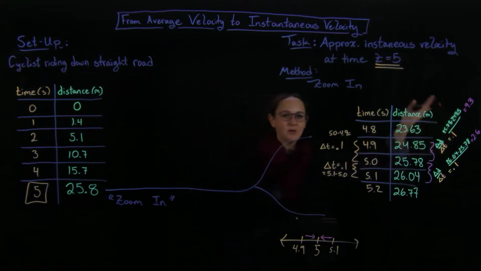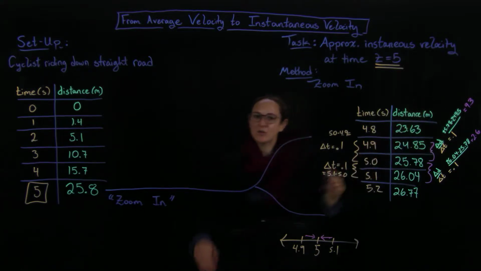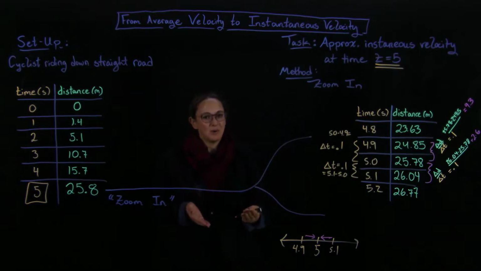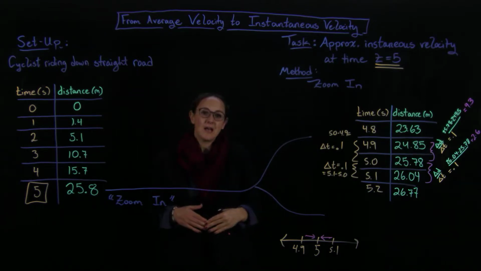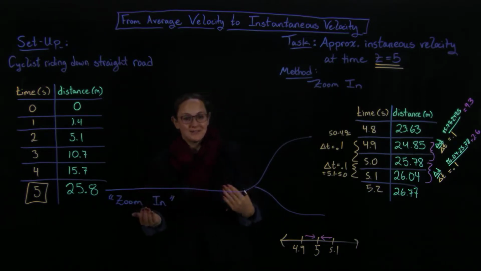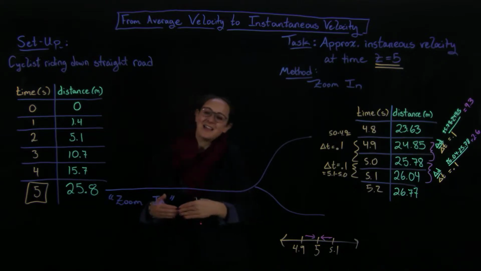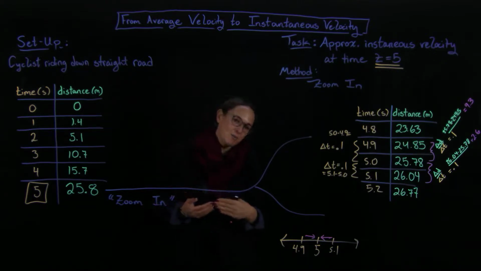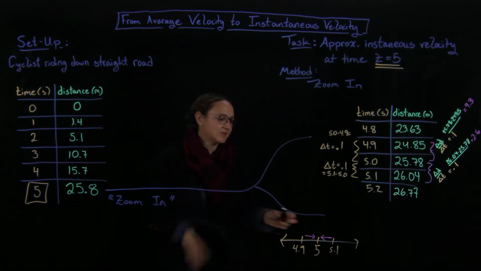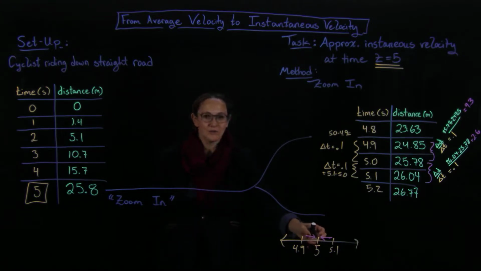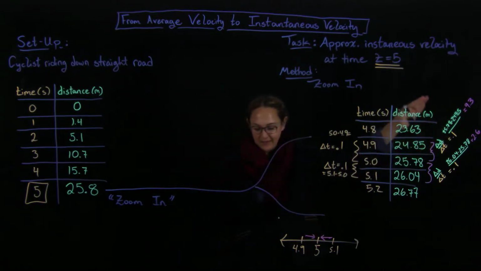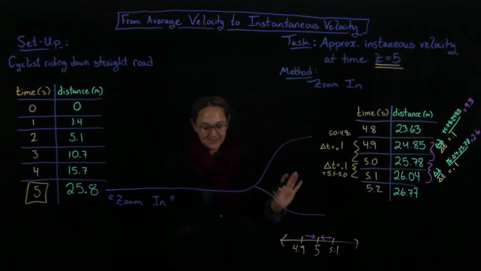These are not quite close enough yet, so we're going to repeat this zooming in process and look at 4.99 and 5.01. We're looking at smaller and smaller intervals, getting closer and closer to 5, until these two values become much more the same.